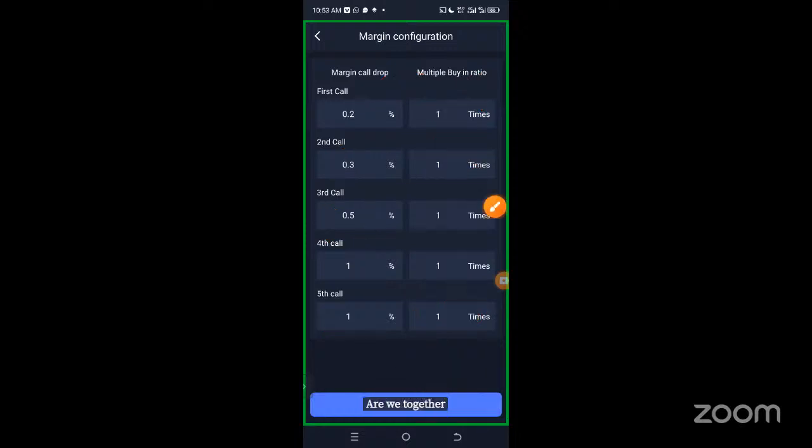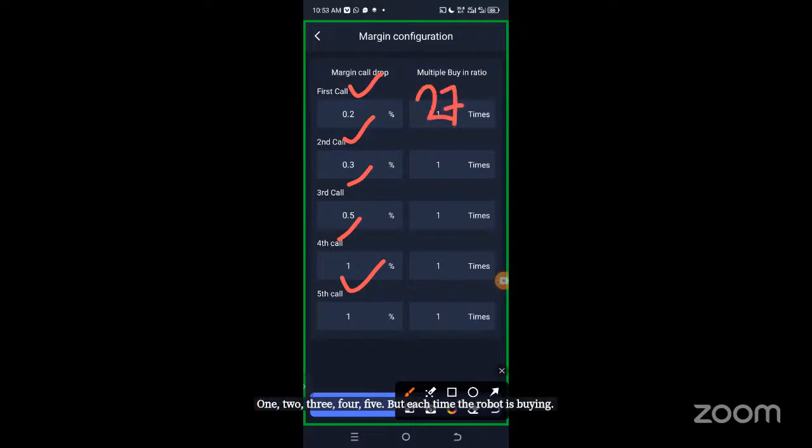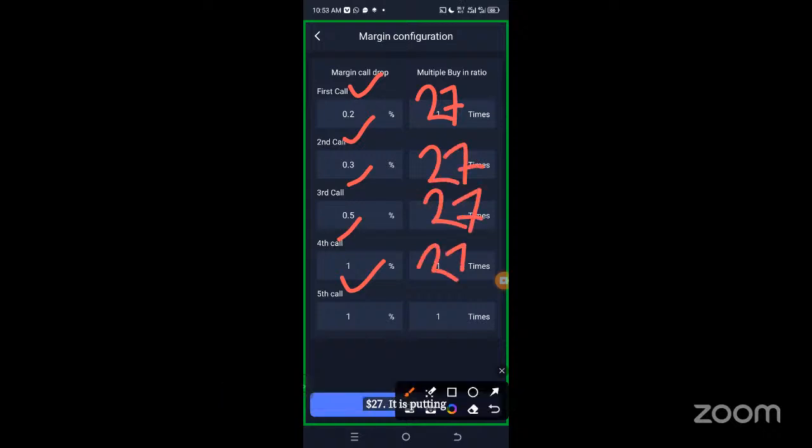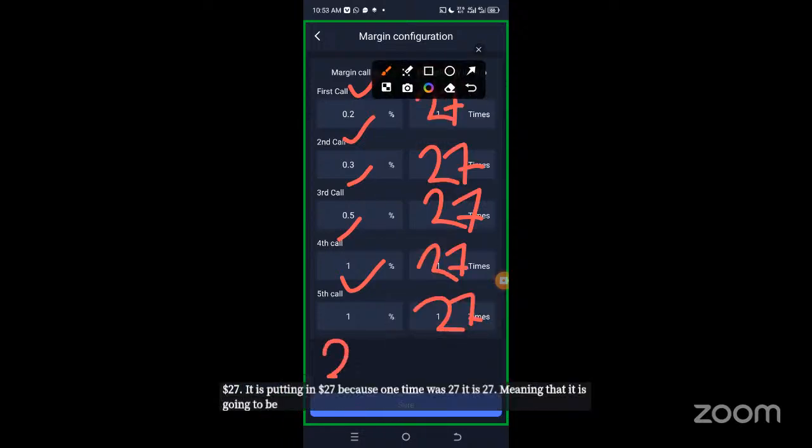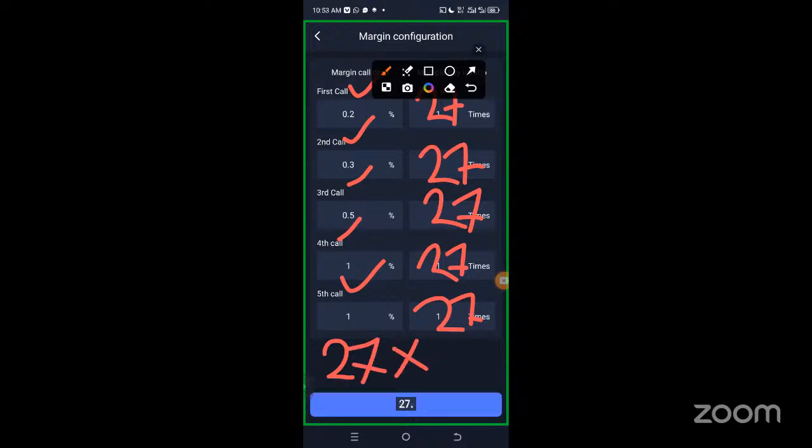So the robot is buying 5 times: 1, 2, 3, 4, 5. But each time the robot is buying, it is putting in $27, so it is going to be 27 times 5.